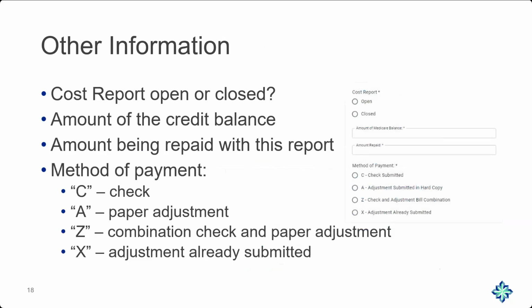You don't want to consider a cost report open if it was reopened for a special situation, maybe to report graduate medical education or malpractice insurance. If you aren't sure which one to mark, inquire with others at your facility or at your office that actually are involved in the cost reporting process if that's not you.